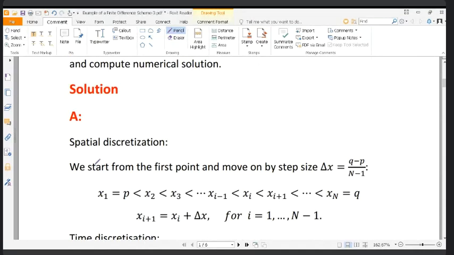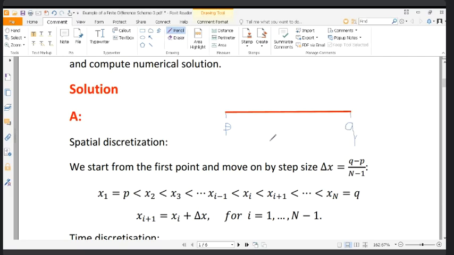For spatial discretization, we start from the first point and move on by a step size delta x equal q minus p over n minus 1. The domain for x starts from p to q.